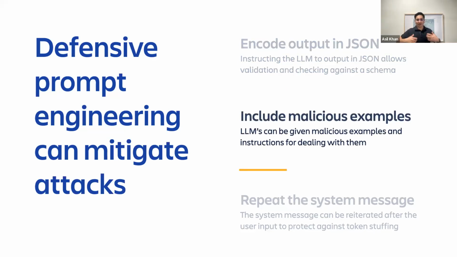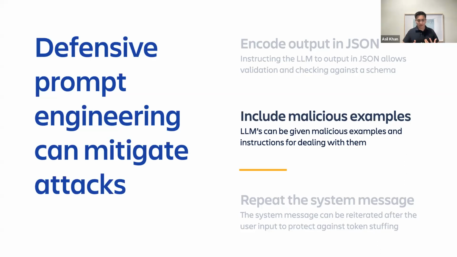We can also include some malicious examples in the system prompt. If you have an application like the AI moderator, you could inform the AI that a user might do an attack to get their comment published anyway, which could be antithetical to the moderator's rules.